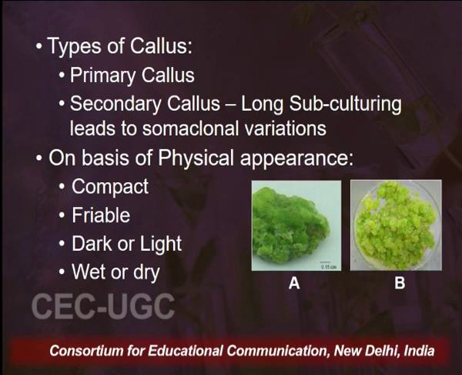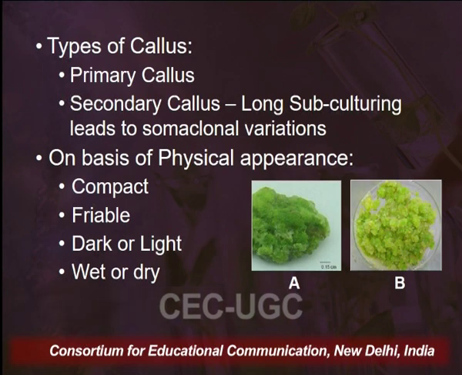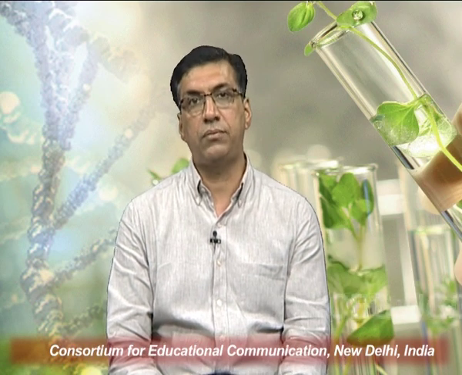Many times such mutations or genetic changes are quite beneficial, and we select the mutants having beneficial genetic variation, or somaclonal variation, and we can use them to develop new varieties.